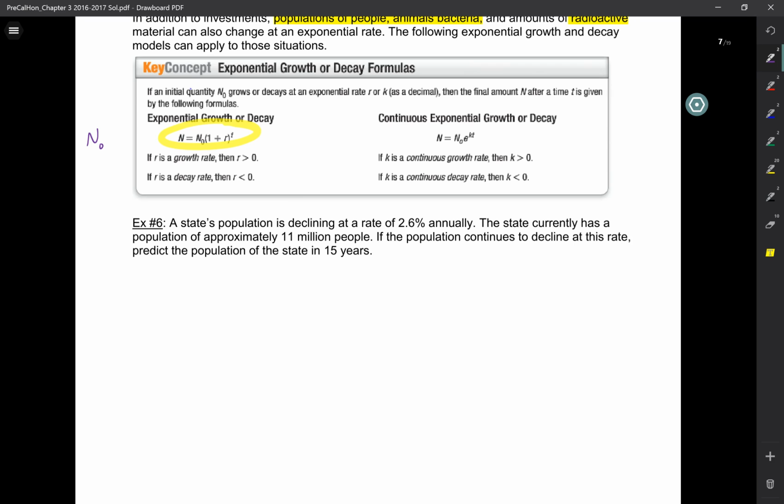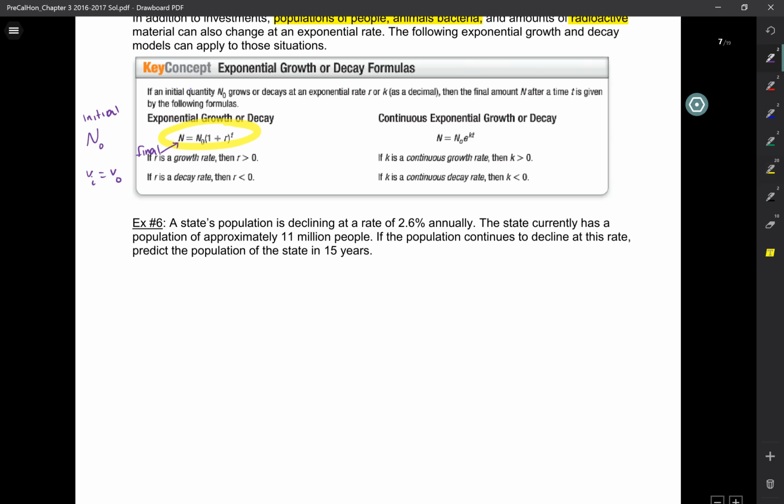So N naught, that's called the initial, right? So you're used to, for example, initial velocity being vi. I can also say v naught, all right? That means initial. So N equals N naught, 1 plus r to the t. This N is the final amount, whereas N naught is the initial amount. This formula is used when something is growing at a constant rate. So for example, you know that the population is growing at 4% every single year, all right?